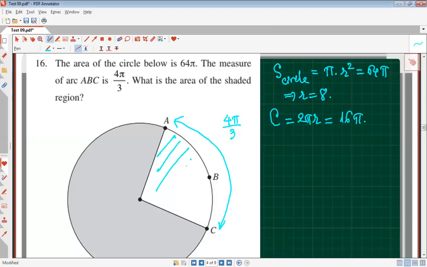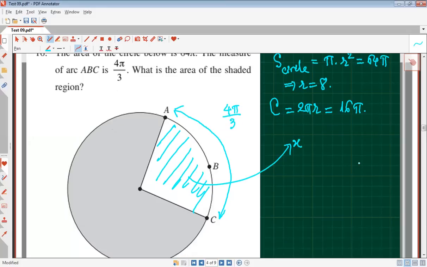This one. We call this x. We will set up a proportion. That is 16 pi corresponding to 64 pi. And this is the perimeter, and this is the area.